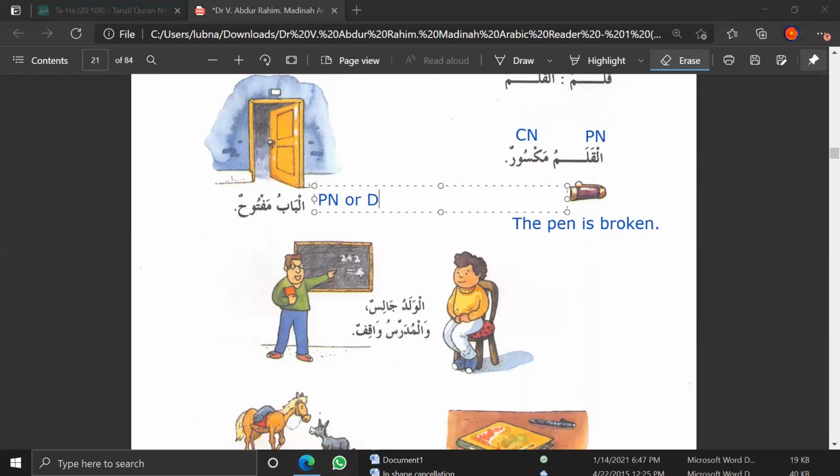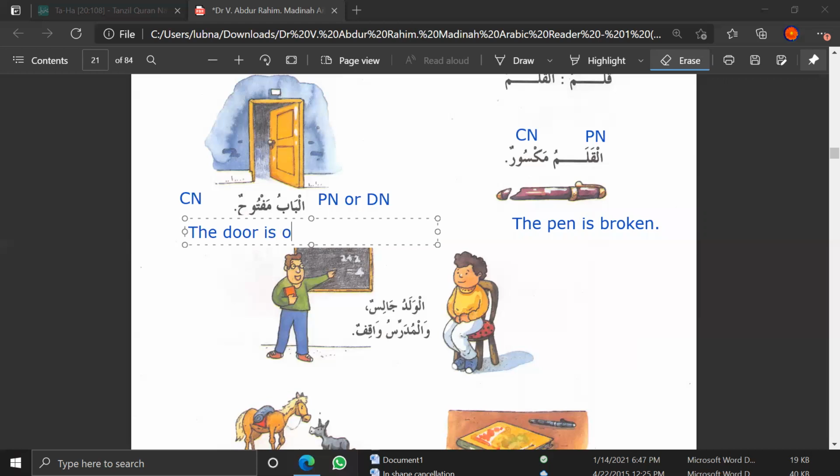And then maftuhun is open, a common noun. So how can I translate? The door is open. Excellent, awesome. The door is open.